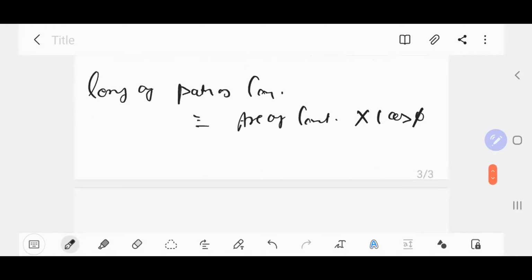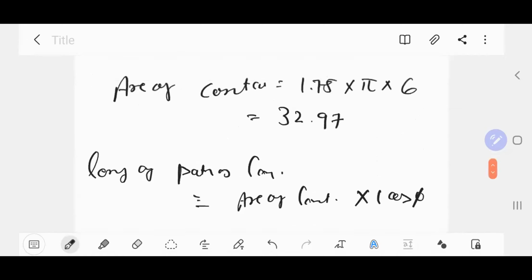So what is the length of path of contact? Yes, Alfred, exactly. So what is the exact answer? Not 31, but how much? 30.99.